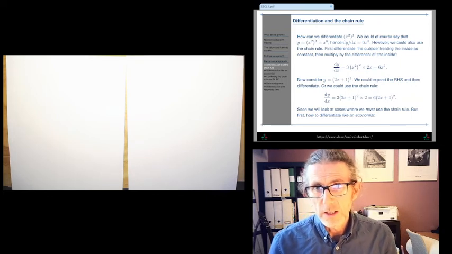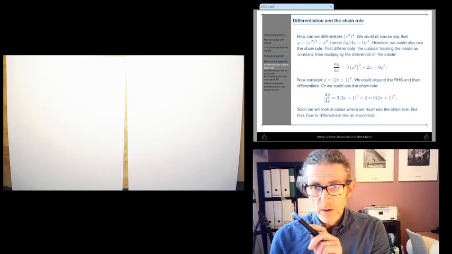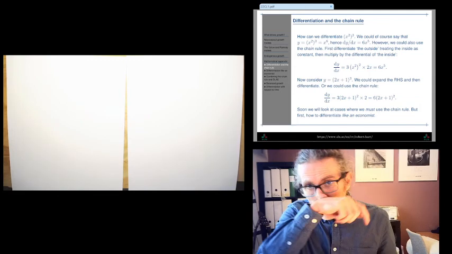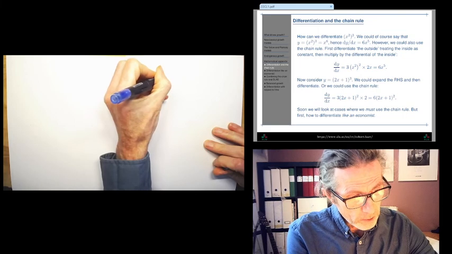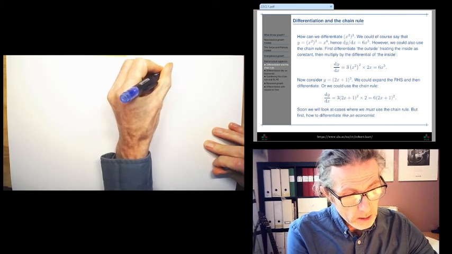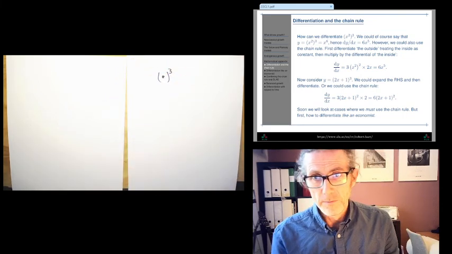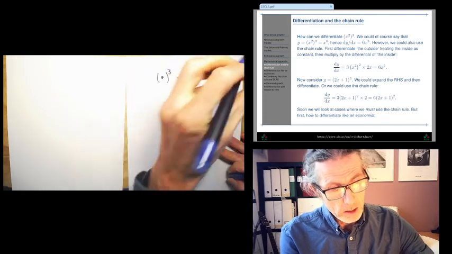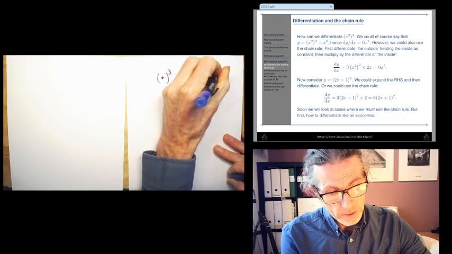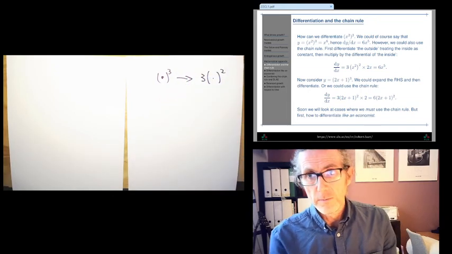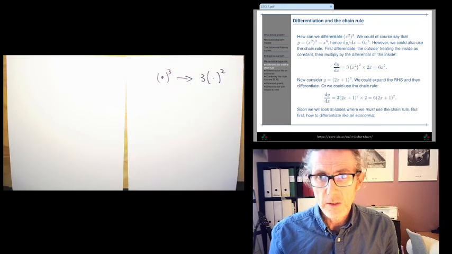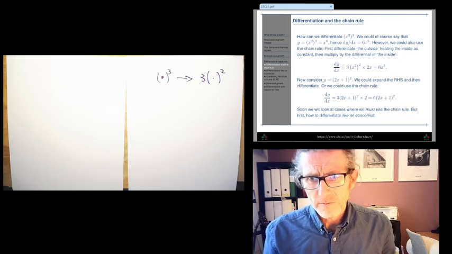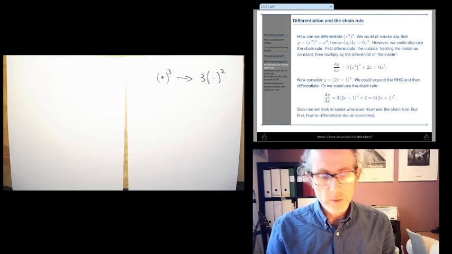So then we could say dy dx is 3. So I'm going to start taking note, helping you here. So we've got like the inside cubed. So then when we differentiate that, we get 3 times that squared. Okay, so that's 3 x squared squared.